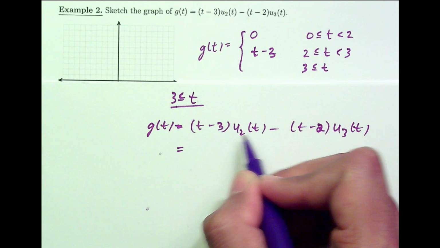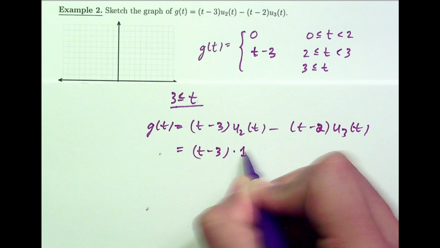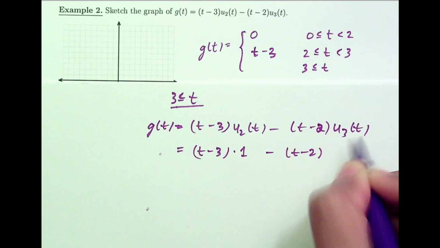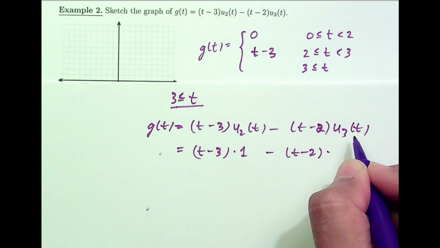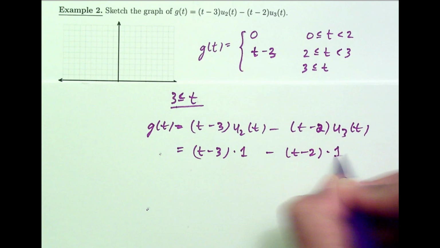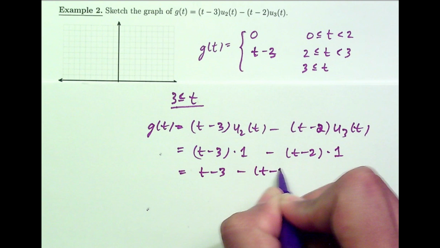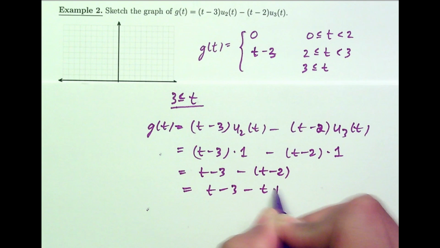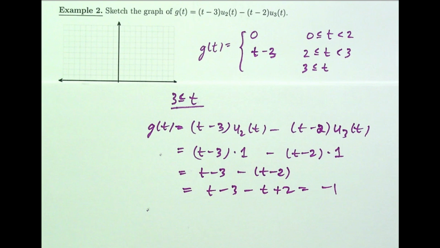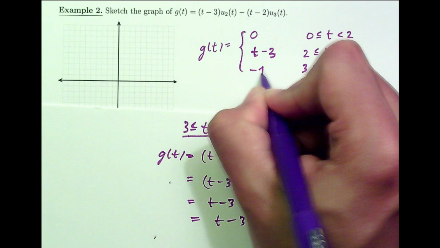So this is 1. So this is going to be t minus 3 times 1 minus t minus 2. And then this is times 1 as well, because I'm plugging in a number that happens after it has been turned on. Plugging in a number bigger than 3, so this is 1. So then simplifying, this is t minus 3 minus parentheses t minus 2, which is t minus 3 minus t plus 2, so this is negative 1.